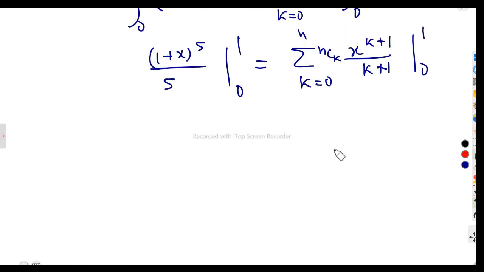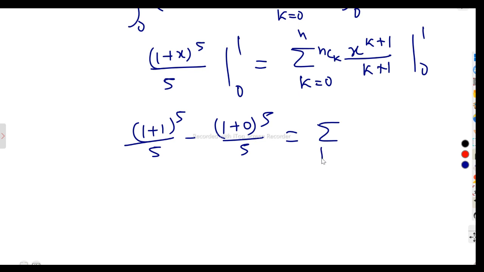So this is (1+1)^5 over 5 minus (1+0)^5 over 5, equal to summation nCk over k+1 times (1^(k+1) minus 0^(k+1)).